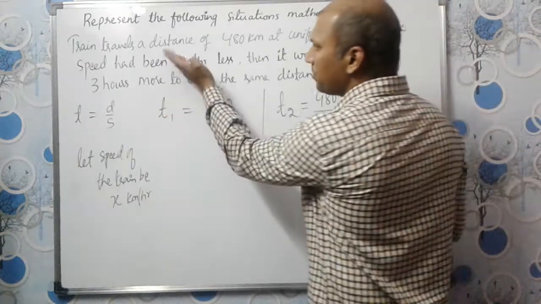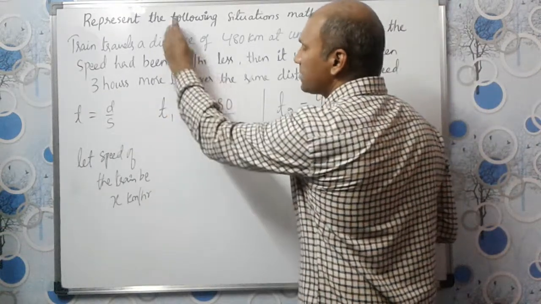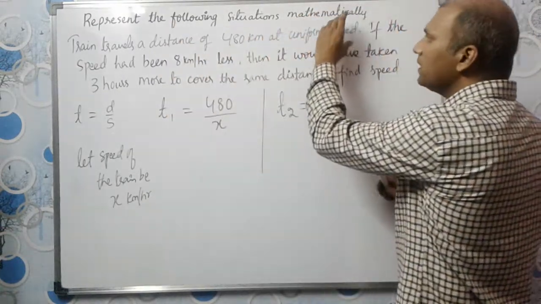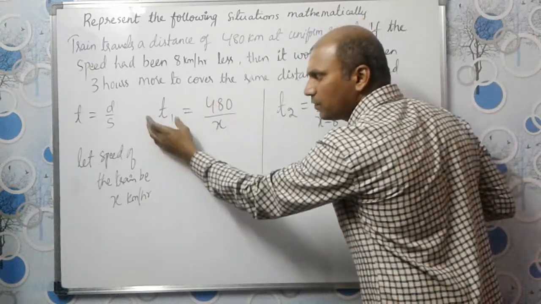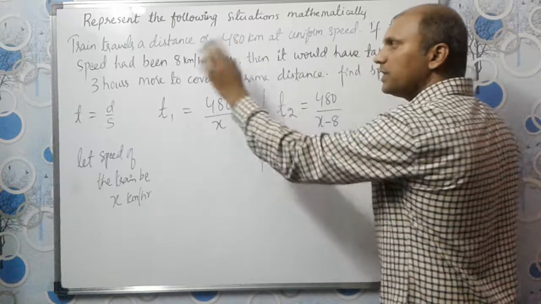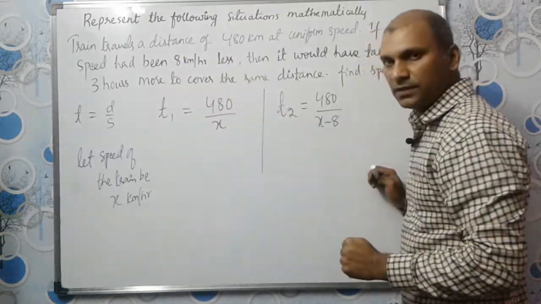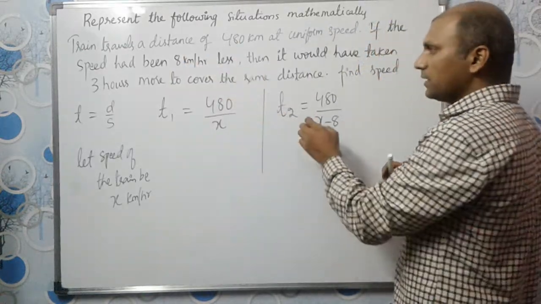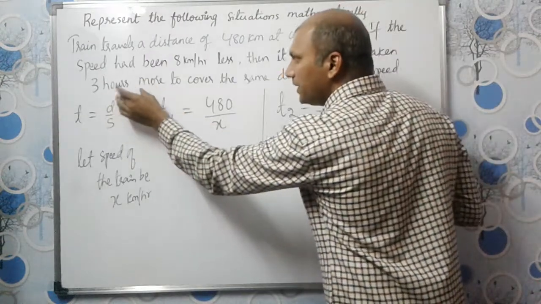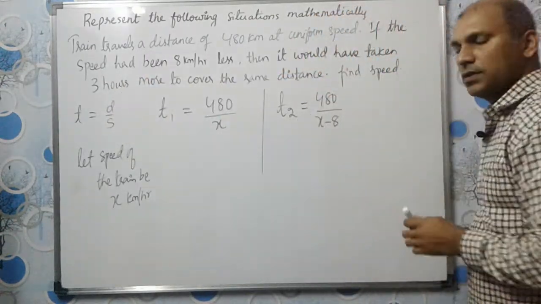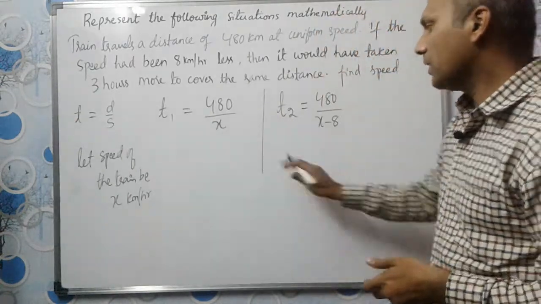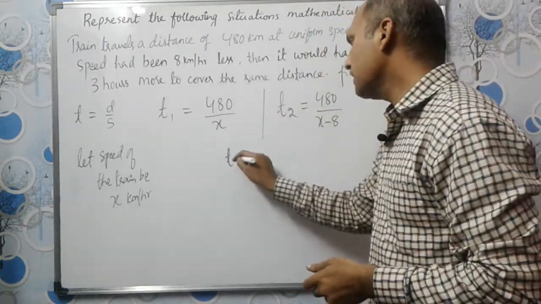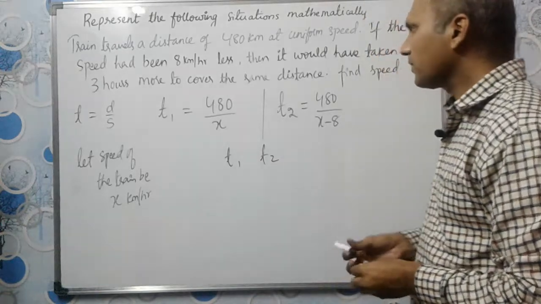Why are we taking 2 times? See, before the speed is changed, when it is traveling at a uniform speed, it is taking some time. We don't know how much it is. We took it as t1. If the speed is decreased by 8, it is taking 3 more hours. Okay, now what is the relation between t1 and t2?